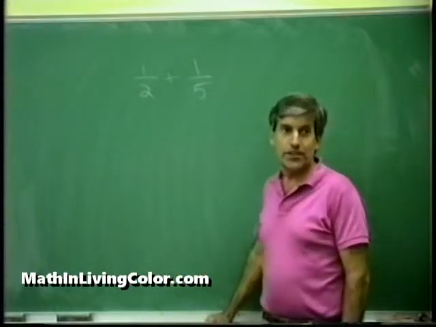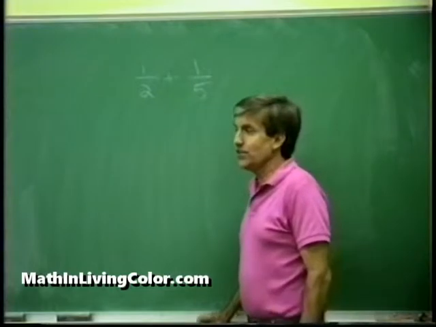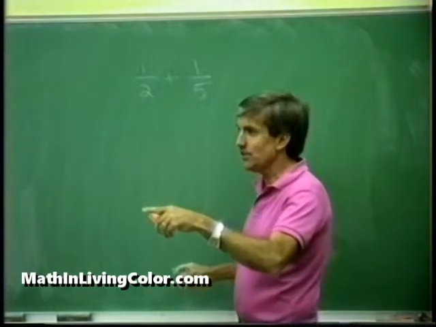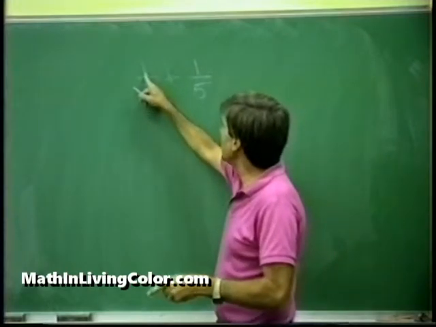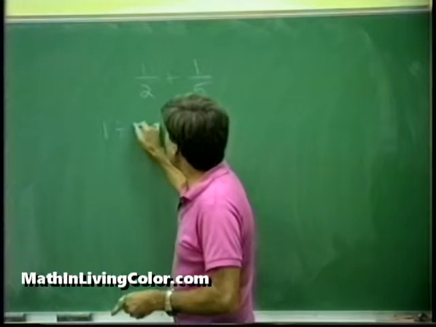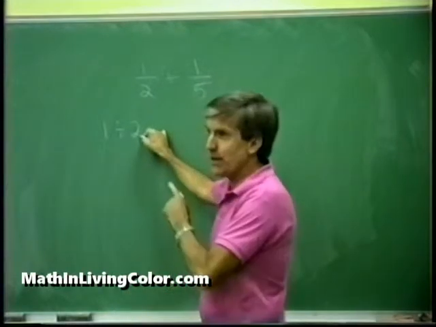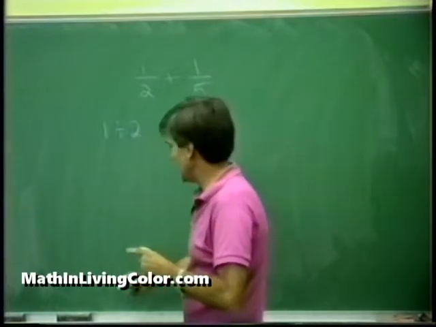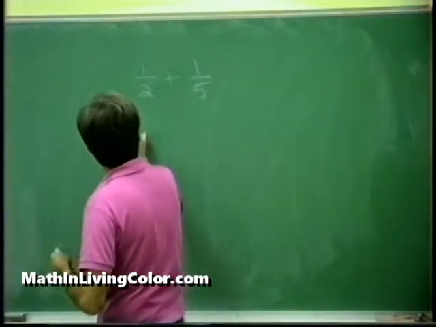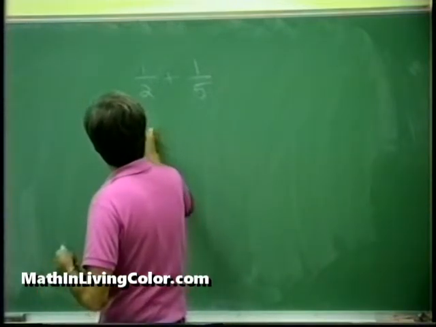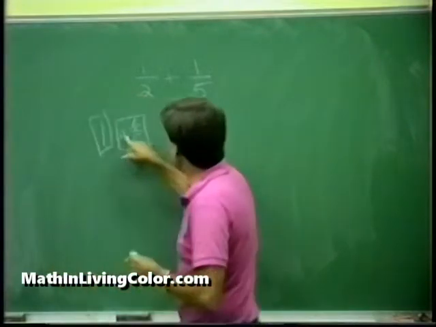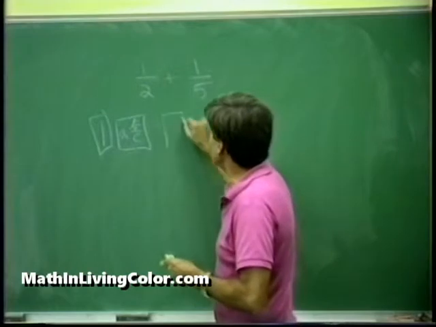With the calculator? All right, you got an A to the B over C button on your calculator? All right, take your calculator and go 1, I beg your pardon, let's start over. 1, and then do the A to the B over C button, and then 2.